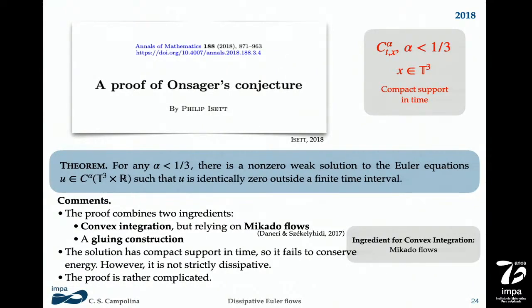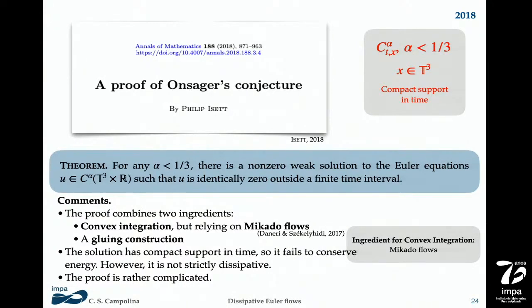Okay, so there are some comments. The first is that the proof combines two ingredients. So it uses convex integration. And now, instead of Beltrami flows, it uses Mikado flows, which are a different stationary solution of the Euler equations, established in 2017 by Daneri and Székelyhidi.